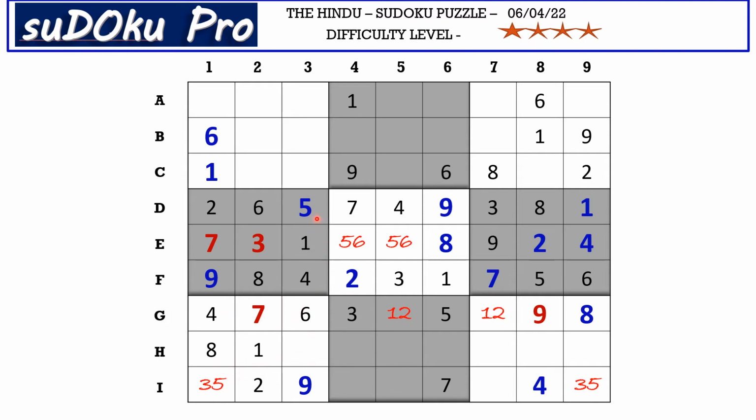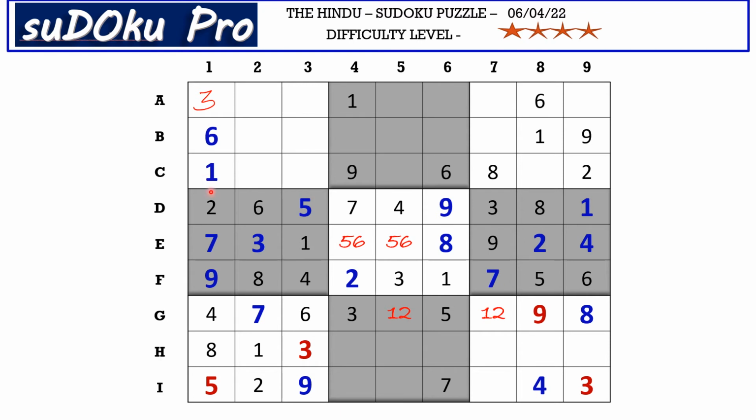There is a 5 here in column 3 which is blocking here. So H3 takes 3 and I1 takes 5 and I9 takes 3. That leaves column 1 with only one empty cell and the missing number is 3.